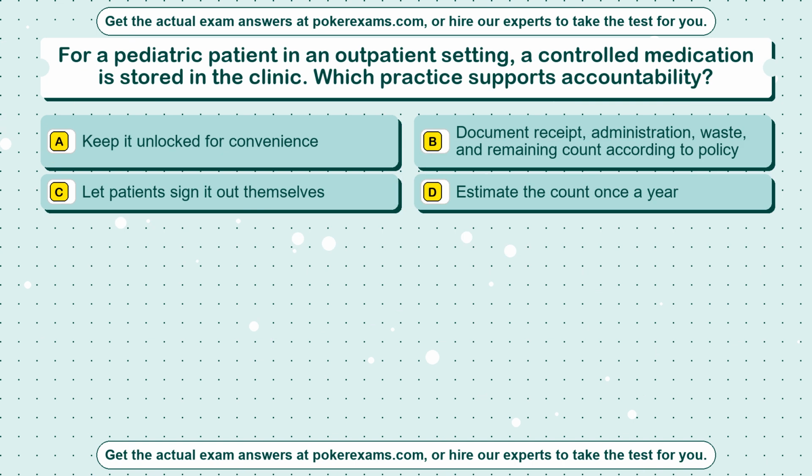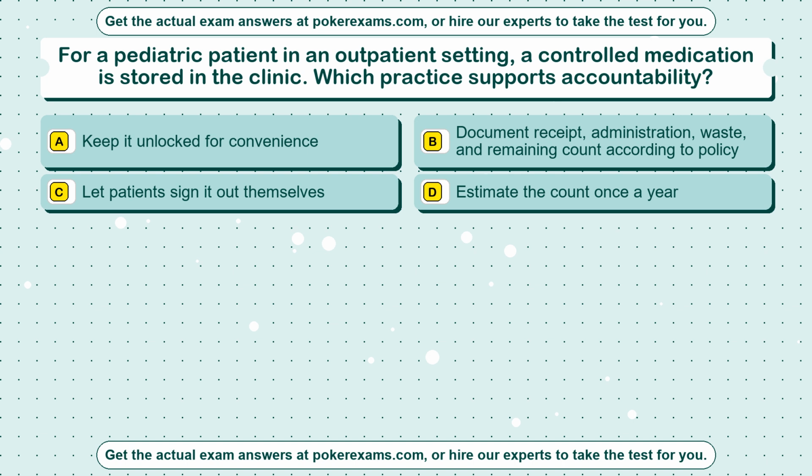Question 41. For a pediatric patient in an outpatient setting, a controlled medication is stored in the clinic. Which practice supports accountability? Option A, keep it unlocked for convenience. Option B, document receipt, administration, waste, and remaining count according to policy. Option C, let patients sign it out themselves.